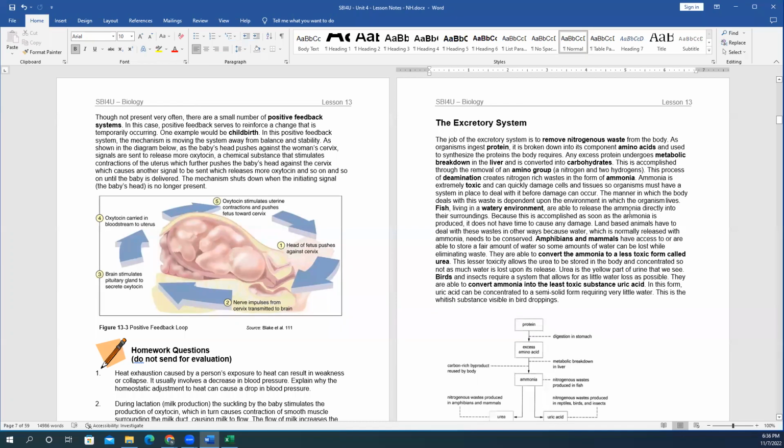And ammonia is extremely toxic to living cells and can cause quite a lot of damage very quickly to cells and tissues. So organisms have to really find a way to deal with this waste, this very toxic waste, before it causes great damage.